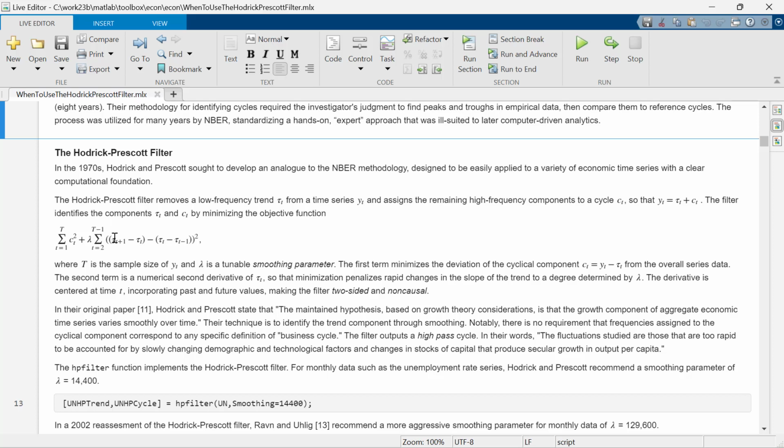So there's a discussion here about how they set up the problem as a kind of optimization problem, with their focus being on the trend. What components in the data should constitute the trend?